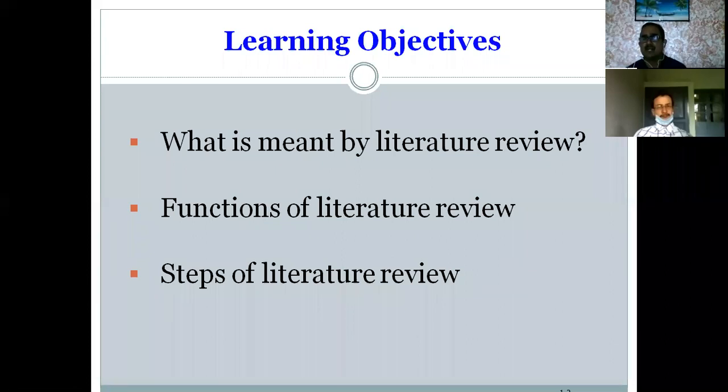Even before fixing the topic of research work, you will have to go through some reference literature so that you can get an idea of the previous research works, and also have some ideas about the methods adopted, what the limitations of previous researches are, and several things.